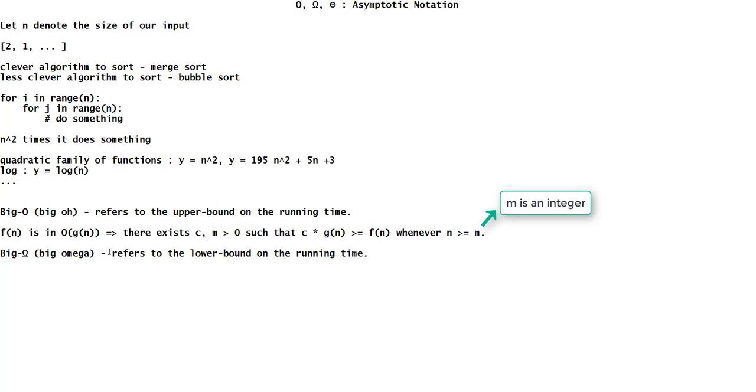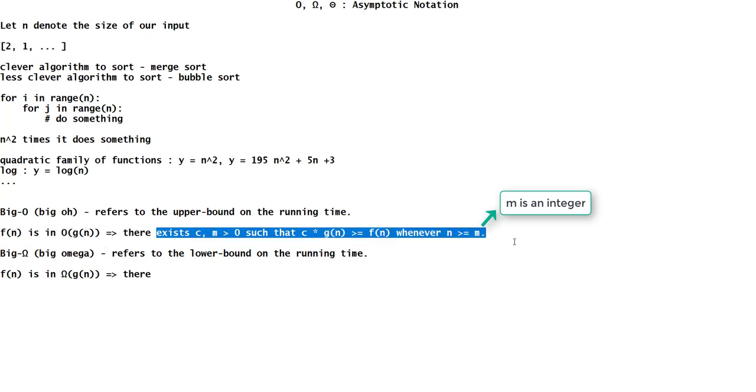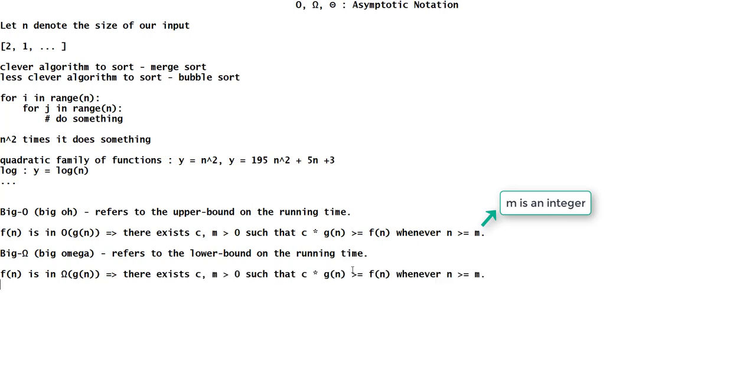So we say f of n is in omega of g of n implies that there, actually I can even copy paste most of this because the definition is almost identical with the exception of this inequality.